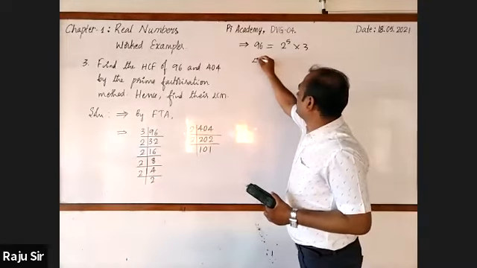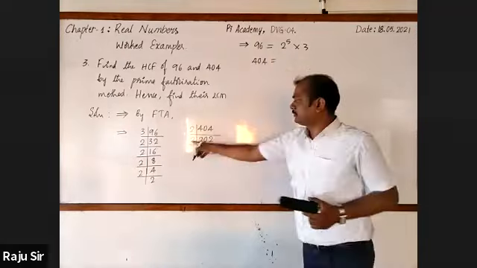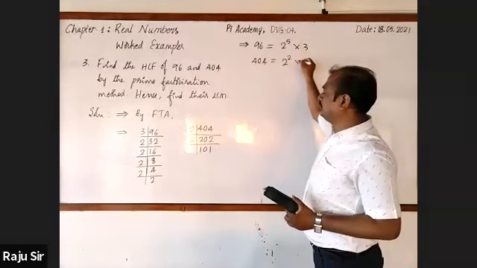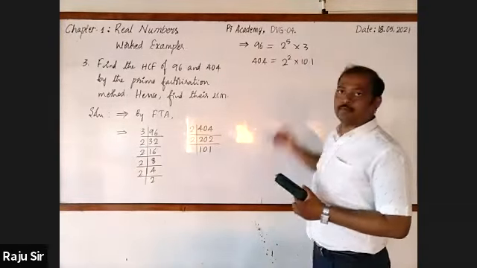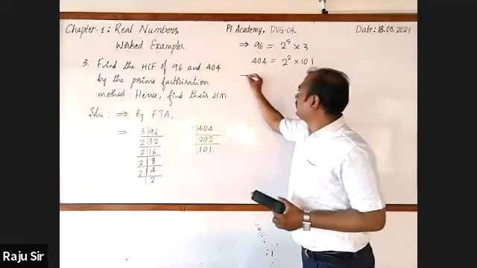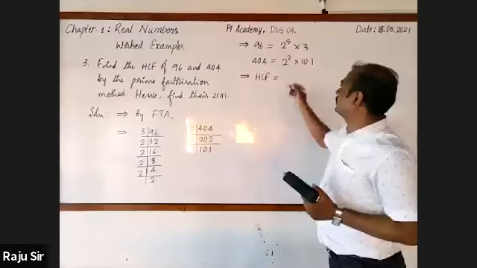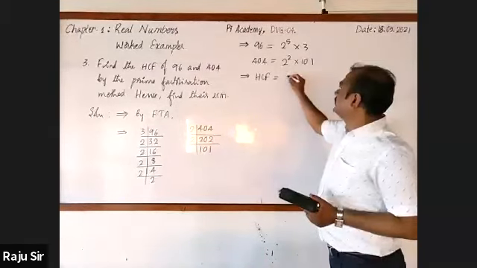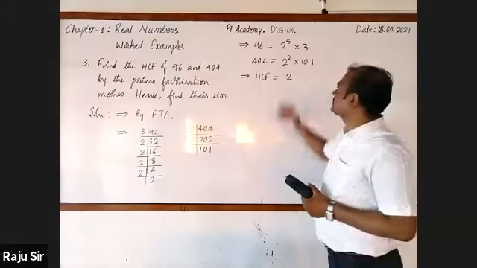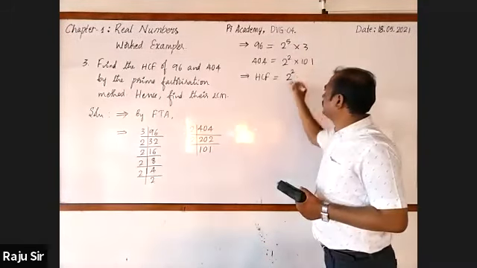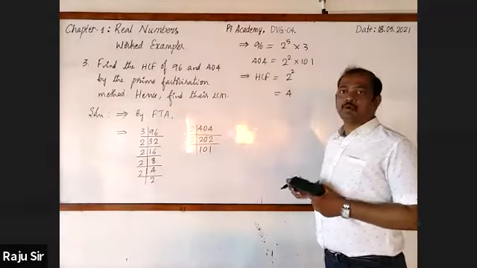Then 404 is 2 square into 101. Now let us find the HCF. The common factor is only 2. Its least power is 2 only. Hence it is 4. So HCF is 4.